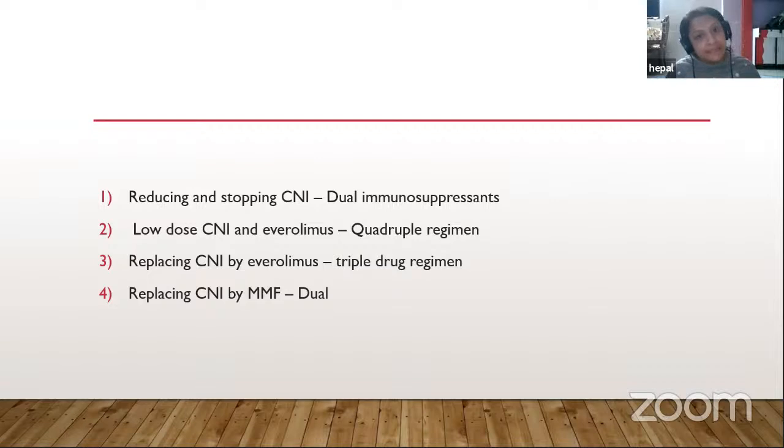Another is replacing CNI completely by everolimus over a period of time once a steady level of everolimus is achieved. So again, we come to a triple drug regime where CNI is replaced by everolimus. And if the kids are on dual immunosuppressants, CNI and prednisolone, and no antimetabolite, maybe switch from CNI to an antimetabolite to reduce the CNI toxicity.